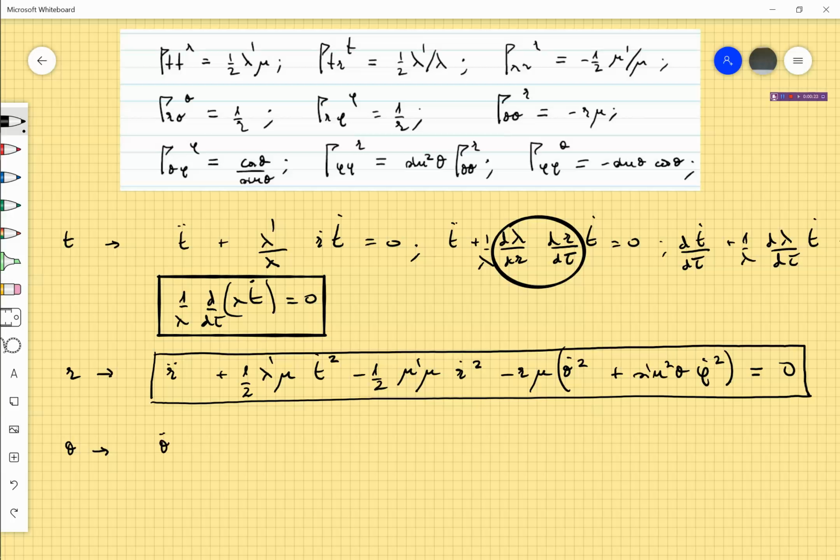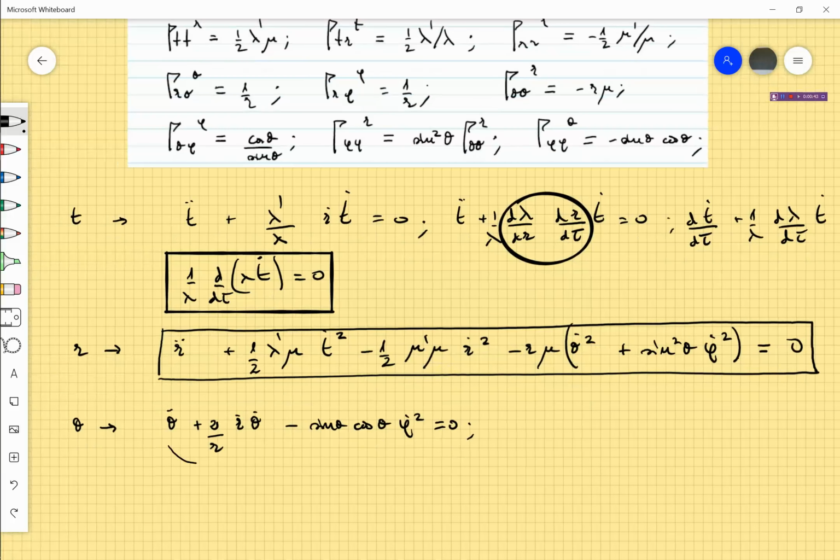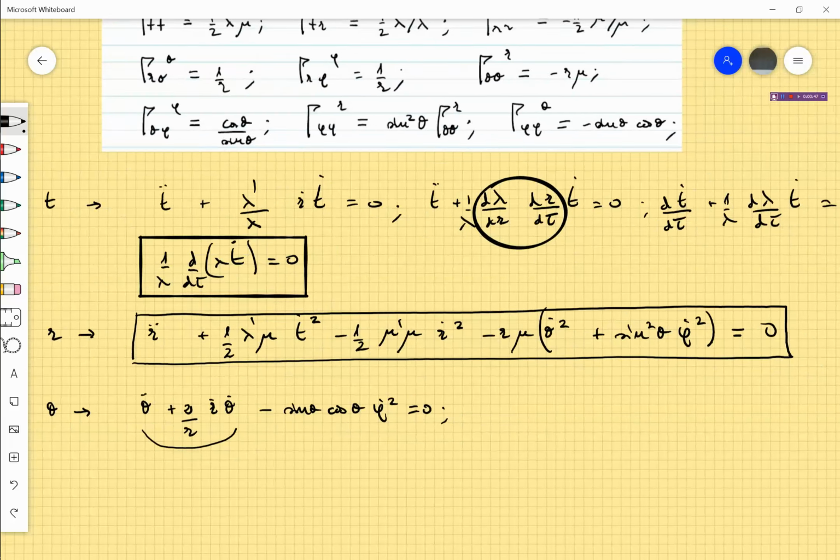The first one is off diagonal, so you have to take a factor of 2. So it's 2 over r r dot theta dot minus sine theta cosine theta phi dot squared. Okay, this part of the equation can be written like this.